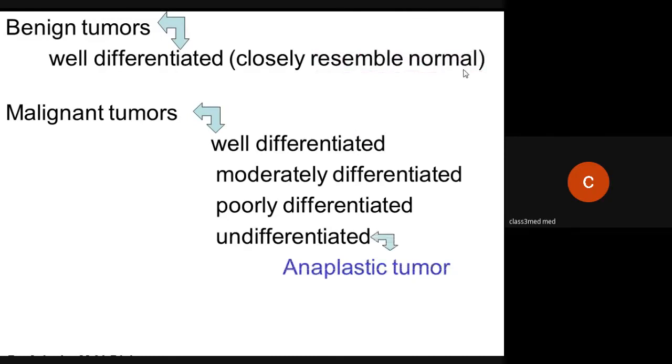The undifferentiated tumor, we use the term anaplastic tumor for the undifferentiated tumor. So when you hear anaplastic tumor, you will remember this is what? Undifferentiated tumor. It has no similarity to any comparable normal tissue.